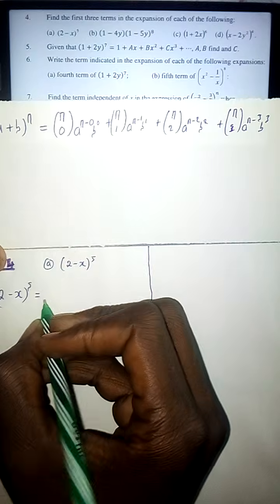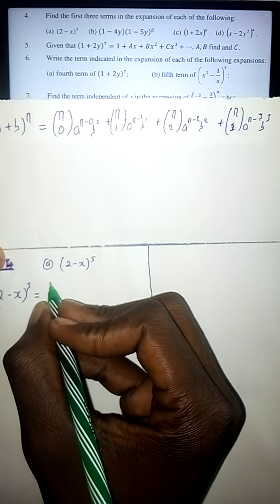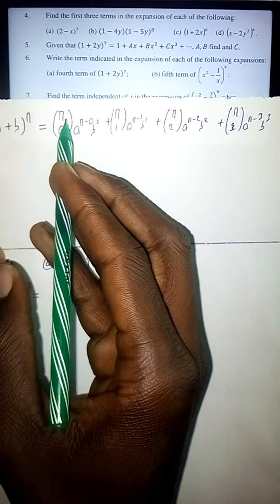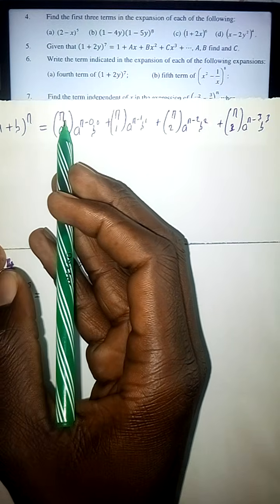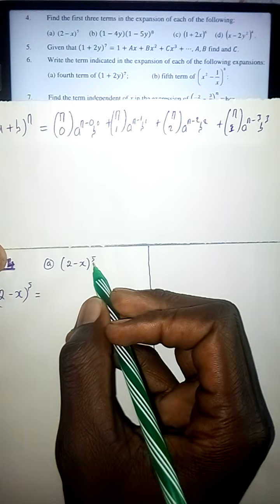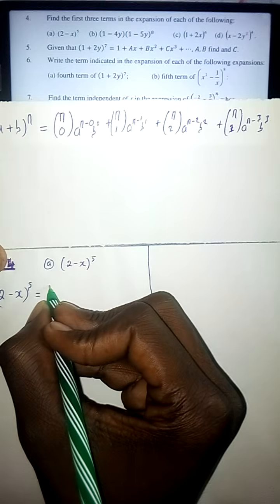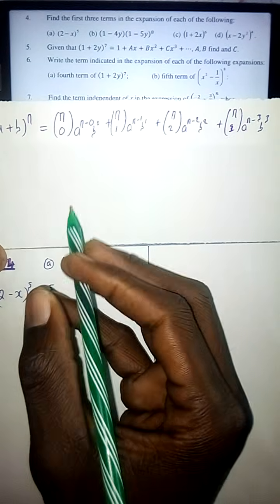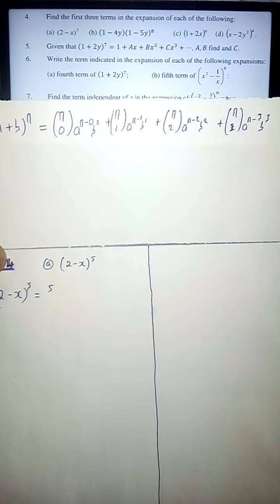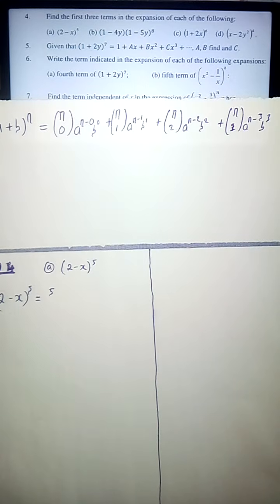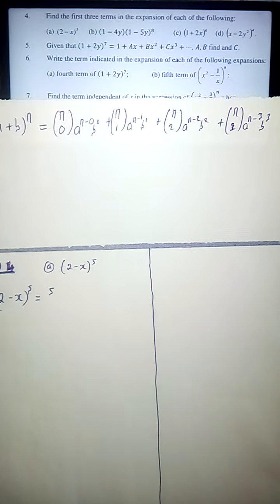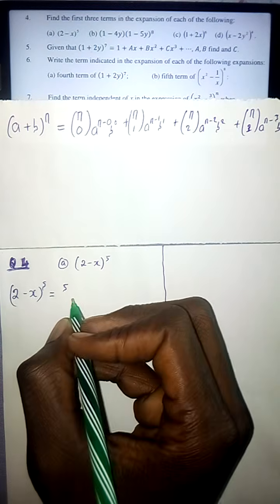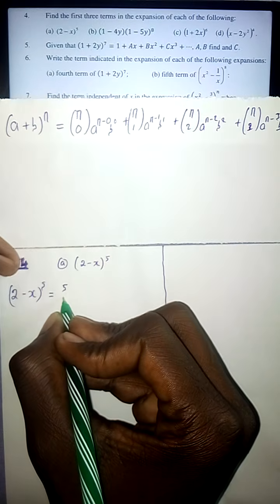So we're going to have n. What is our n in this case? Our n is 5, which is the power. Then we have, all right guys, 5 then 0.